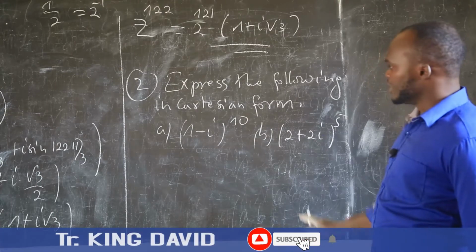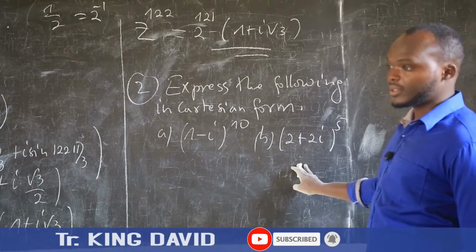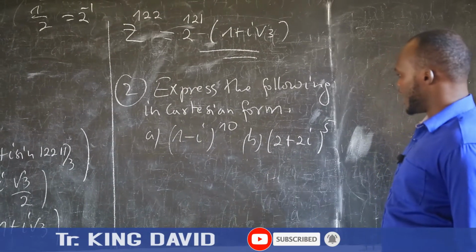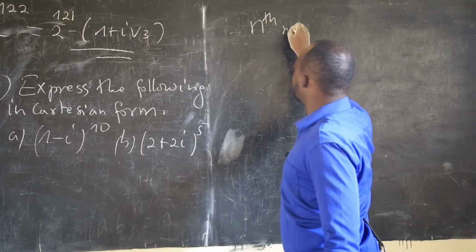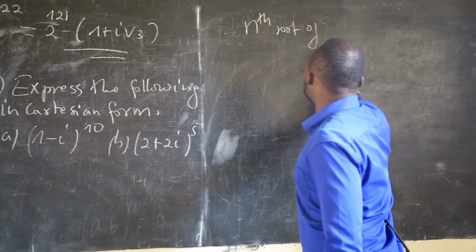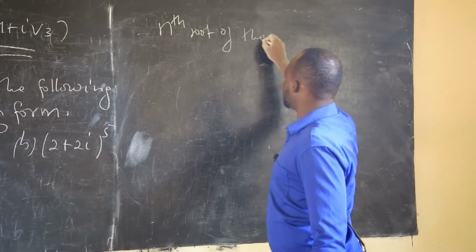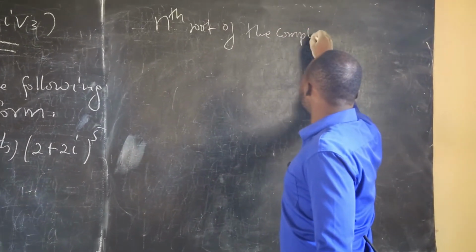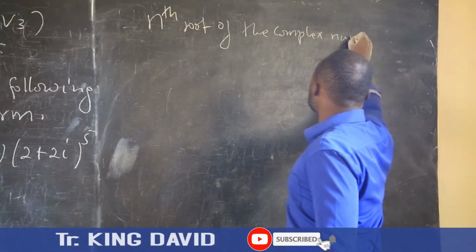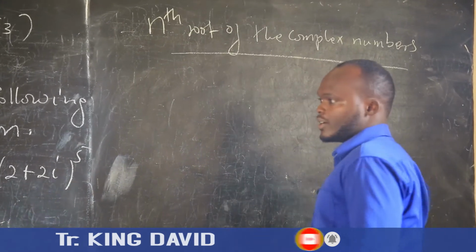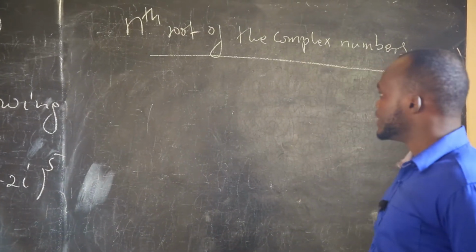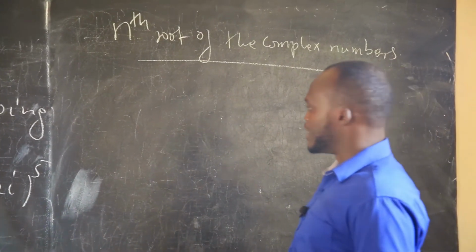So immediately from here, after doing number 2, let's go to the nth root of a complex number. How do you find the nth root of a complex number?